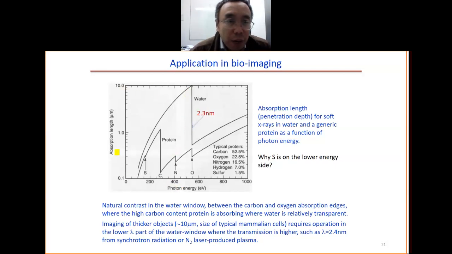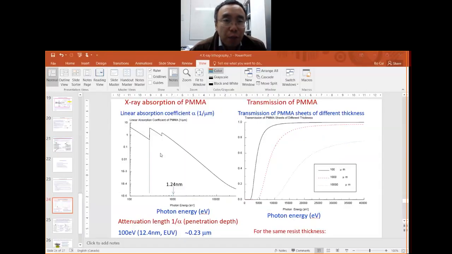Now here's the attenuation loss. How to get those kinds of peaks is different from what we have seen before. If we look at before, we have a peak. This is the X-ray absorption for the casing of the PMMA. But this one is the absorption coefficient alpha.